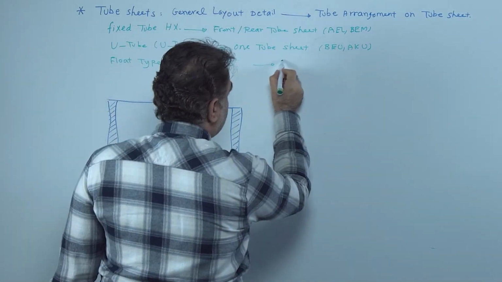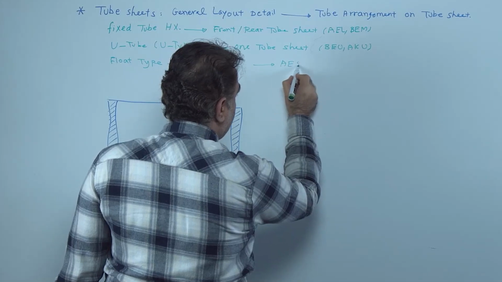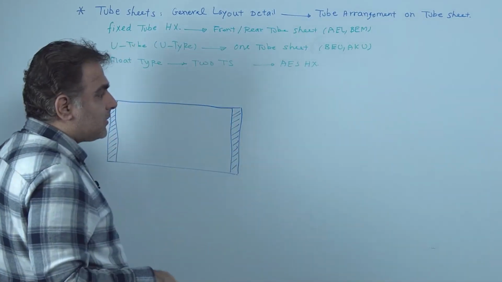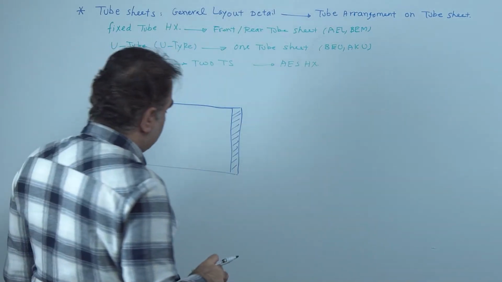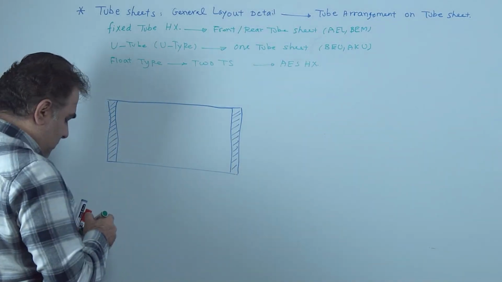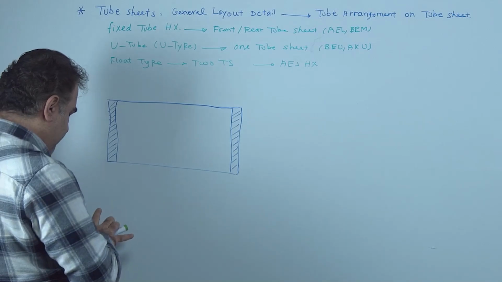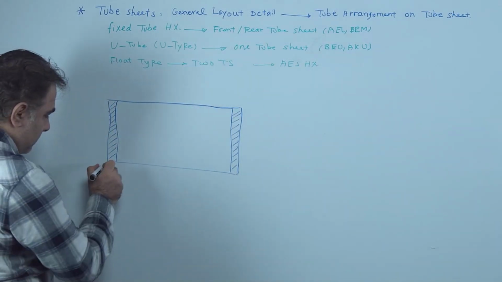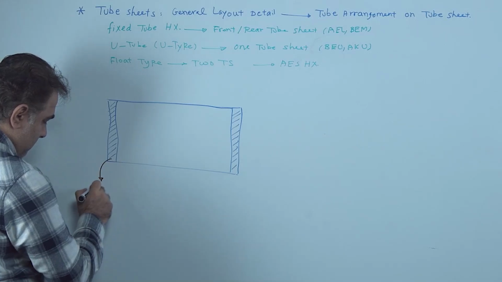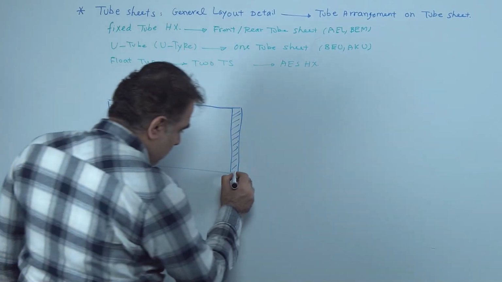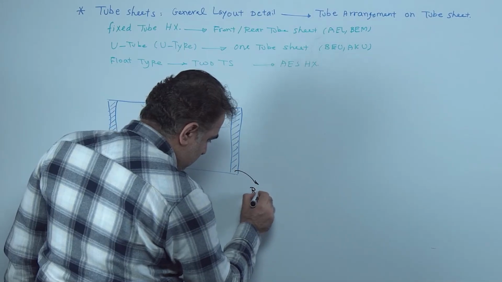In type AES, one is bigger and larger, another is thinner and smaller than the front. This part, as the first part, is the front tube sheet. This part is the rear tube sheet.